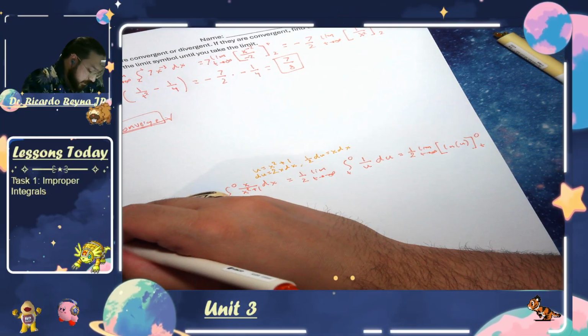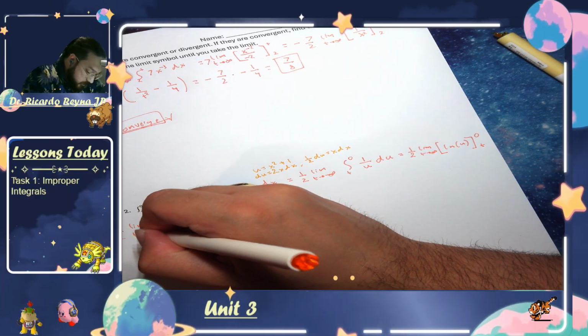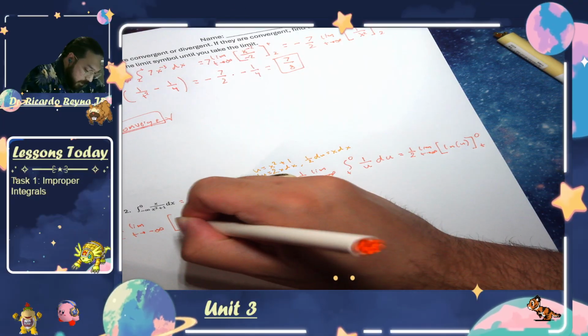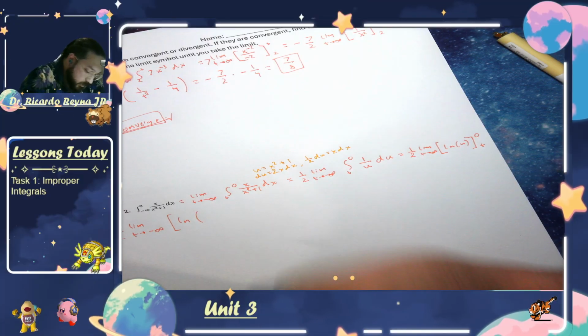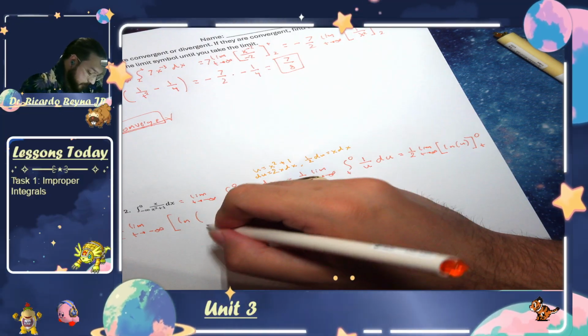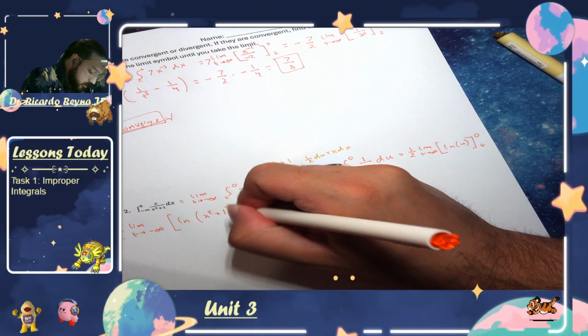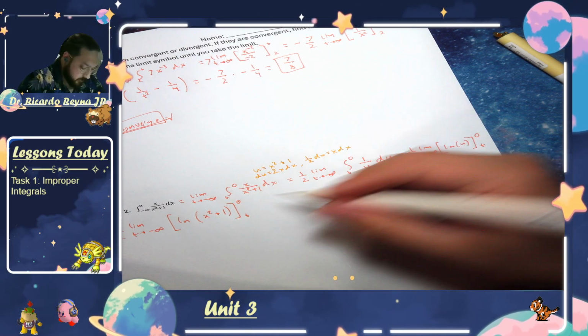Plug in x. Ln of, what is it? x squared plus 1 for 0 and t.